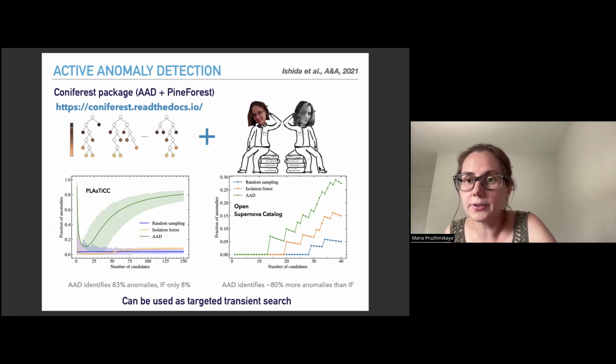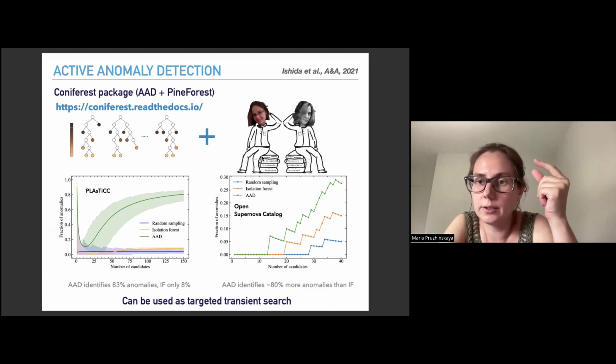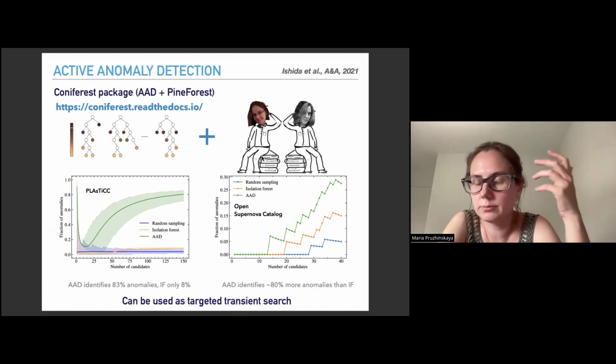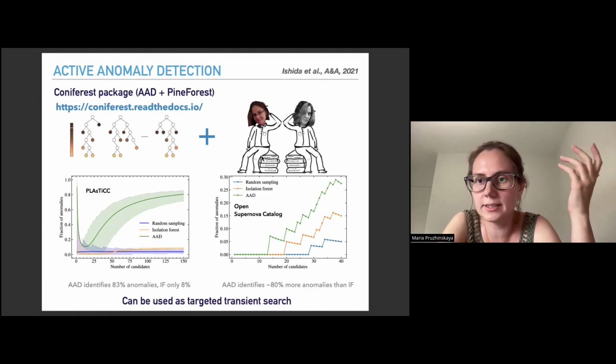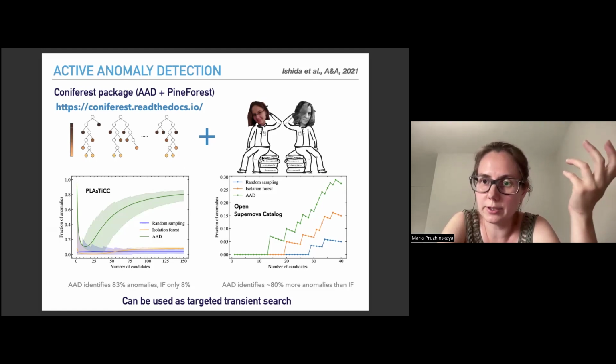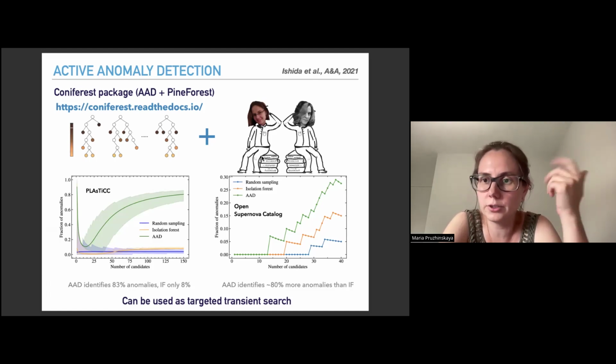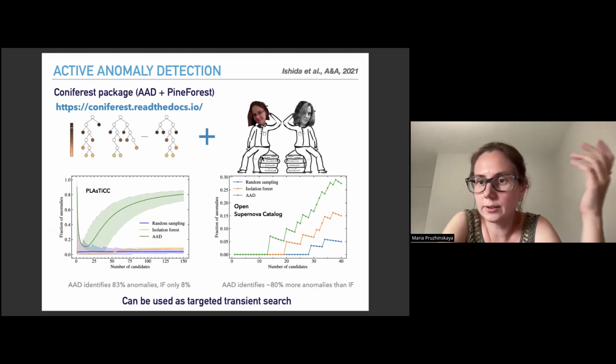The active anomaly part happens when you take the first object, the object with the highest anomaly score, and show it to the expert. Then the expert looks at the object, again using everything that is available, and if the object is interesting, gives back to the algorithm the answer, yes, the object is interesting, so nothing will happen.